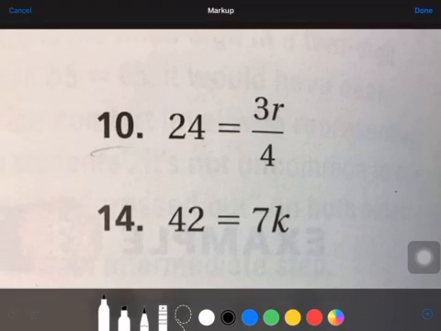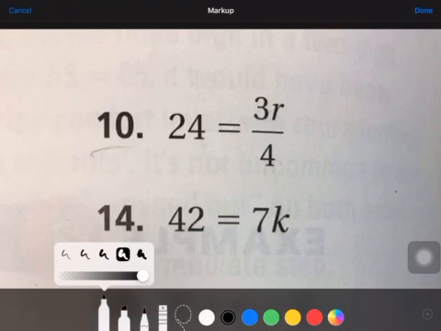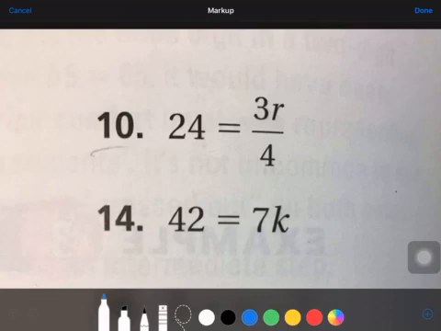So again, we're going to ask the question, what are we doing to the r? What we're doing to the r is we're multiplying it by 3. So I've got 24 equals 3r divided by 4.